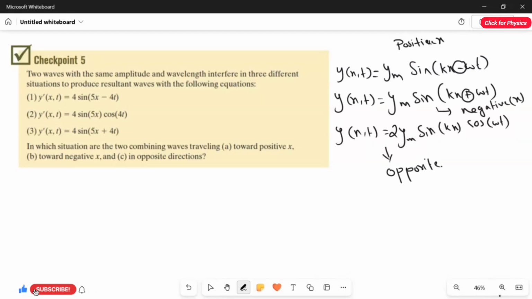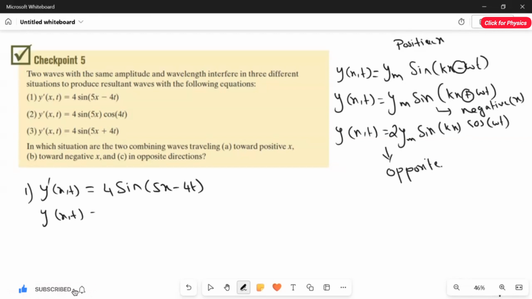So let's take the first equation. The first equation here is y'(x,t) = 4 sin(5x − 4t). Now let's rewrite the general form of the equation: y(x,t) = ym sin(kx − ωt).